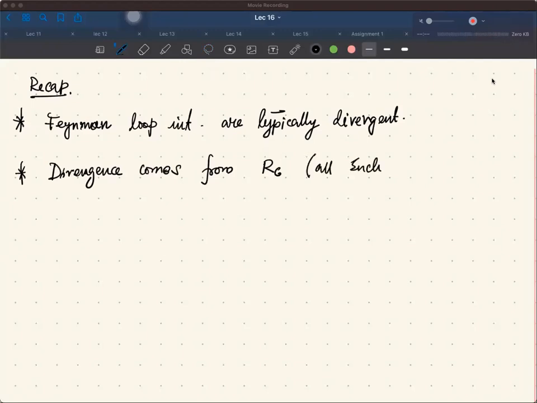all Euclidean loop momenta becoming large equally.